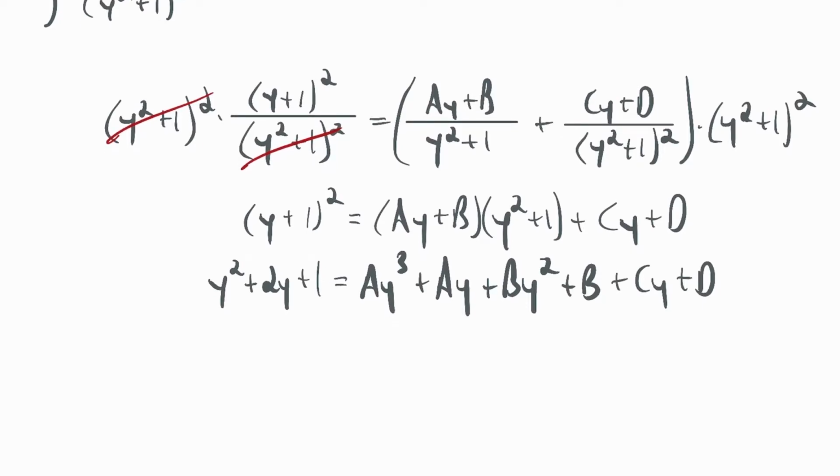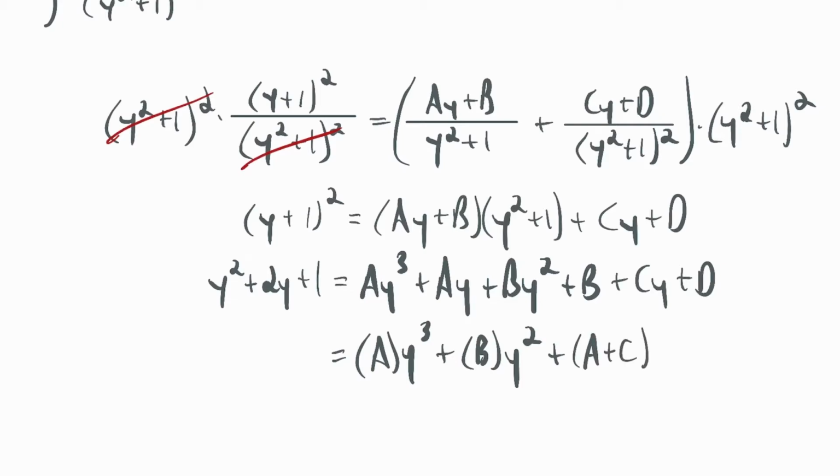On the right, I'm going to combine like terms, so I'll have a y cubed, because that's the only cubic term, plus by squared, that's the only quadratic term, plus a plus c times y, because these are my only two linear terms. And then lastly, I'll have b plus d.